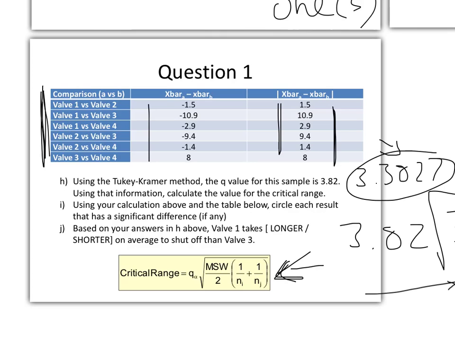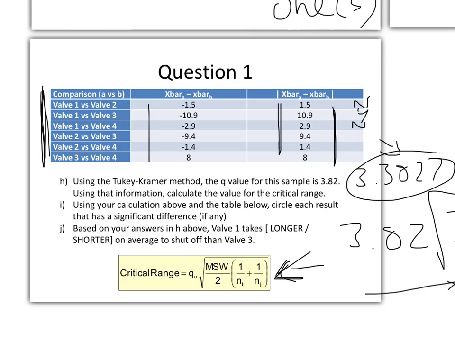If it's less than that, we would say it is not a significant difference. So here on this first one, valve 1 versus valve 2, there is a difference, but it's not significant. 1.5 is less than 3.3827. 10.9 is greater, so we would say yes, there is a statistically significant difference there.